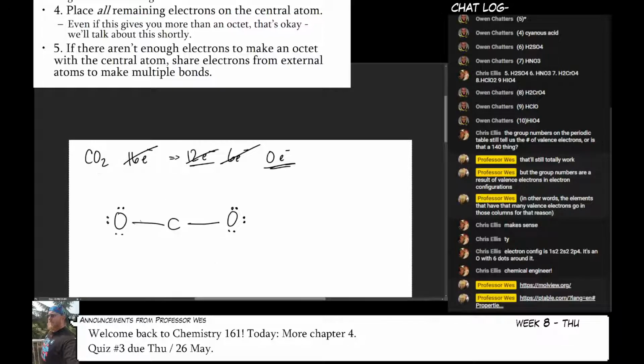How do I get more electrons? Well, what I'm going to do is I'm going to take a pair of electrons. I'm going to make a bond out of this. So I'm going to erase this. And do this. And I'm going to do the same thing over here. We're going to erase this guy.